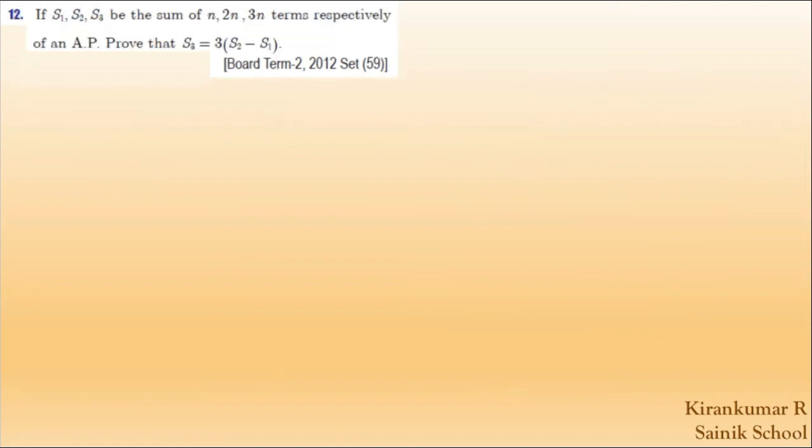Question number 12. S1, S2, S3 are the sum of n terms, 2n terms, 3n terms respectively. Prove that S3 is equal to 3 times of S2 minus S1. What is S1? S1 is n by 2 times of 2a plus n minus 1 into d.